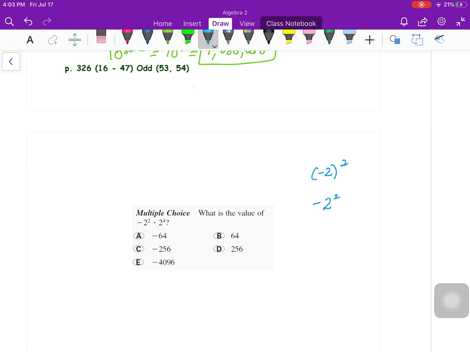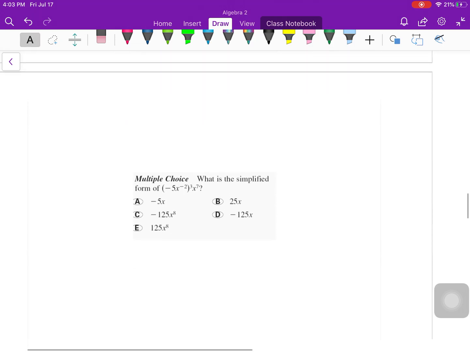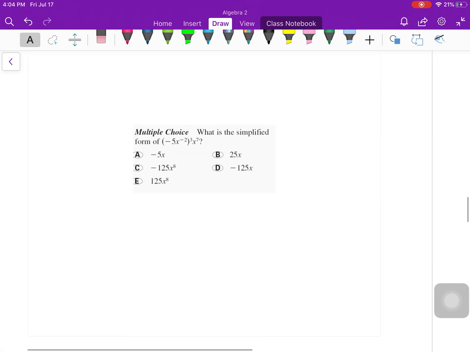If I wanted it to be a negative 2 squared, I would put it in parentheses. But it is written as the opposite of 2 squared. So I'm going to have my negative, and then my base is 2 to the 2 plus 4. That's my negative of 2 to the 6th. 2 to the 5th is 32 times 2 is 64. So a negative 64. So it would be A.